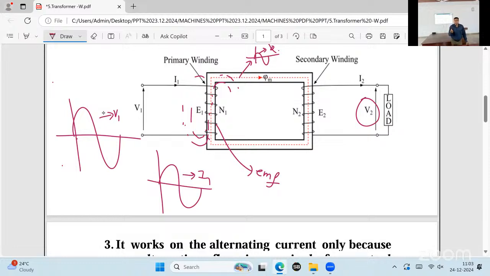Self-induced EMF. Clear? To get E1, who is responsible? Flux. To get flux, who is responsible? I1. To get I1, who is responsible? V1. So this is the link.